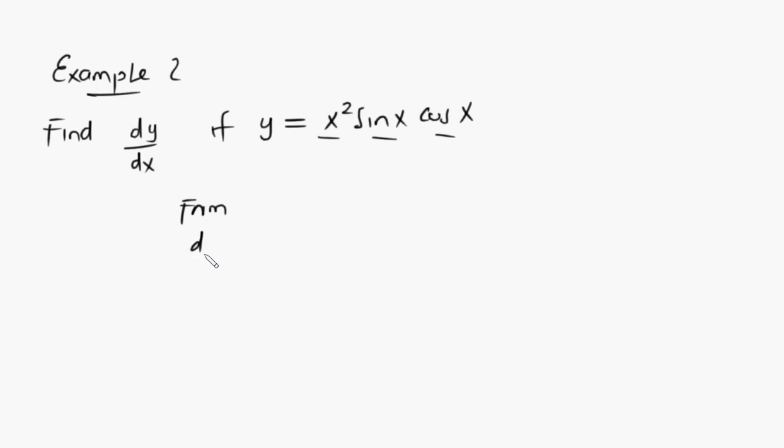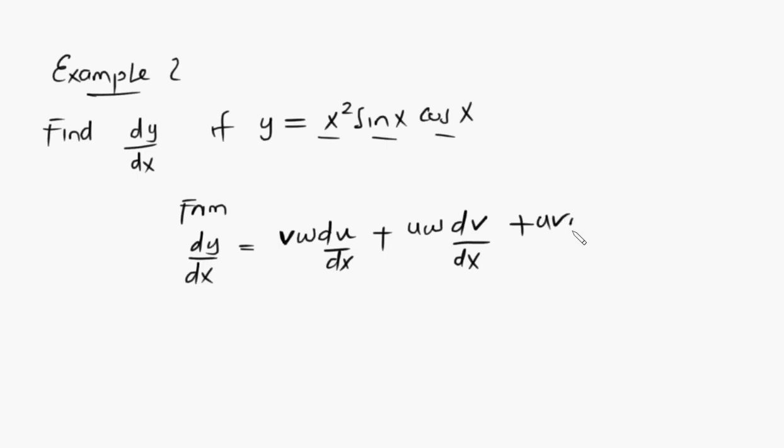So I know dy/dx, you see, I easily remember it. What is it? It's just vw du/dx, so this is v, not u, plus we have uw, this one is dv/dx, plus now we have uv, this one is dw/dx.